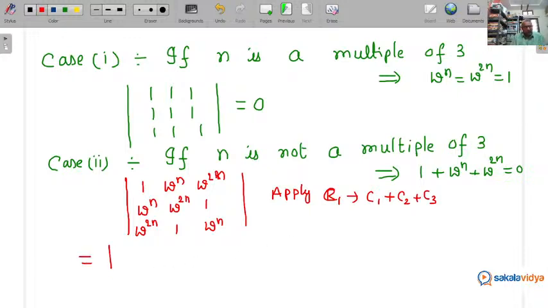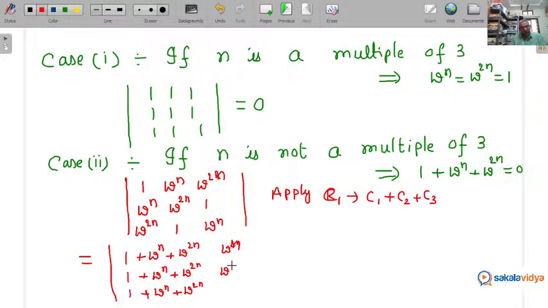So we can write like this: 1 plus omega power n plus omega power 2n in each row, then the other columns: omega power n, omega power 2n and 1; omega power 2n, 1 and omega power n.